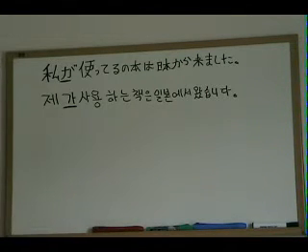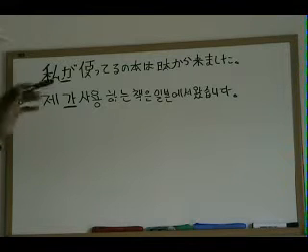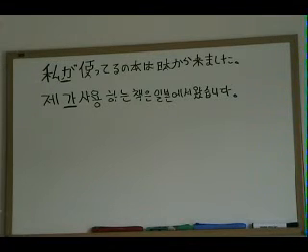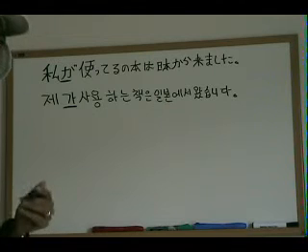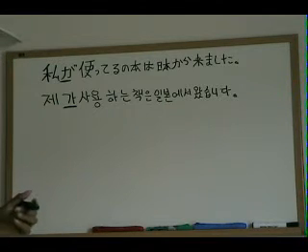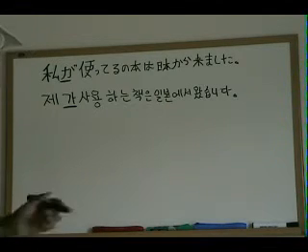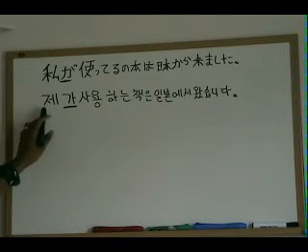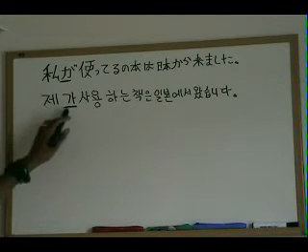So, the particles, like this ga in Korean, the way you use them is based on whether the preceding syllable ends in a vowel or consonant. In this case, since che ends with a vowel, it's going to be ga.